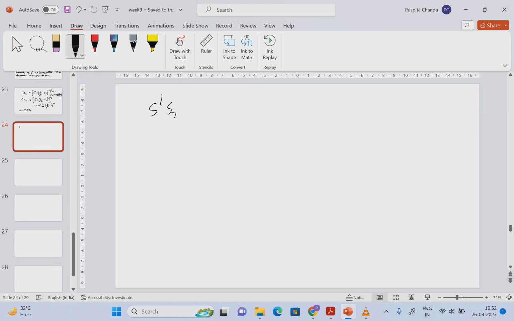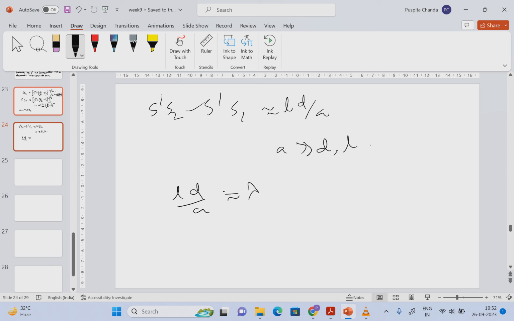So S dash S2 minus S dash S1 becomes L D by A, where A is greater than D and L, which we have assumed.